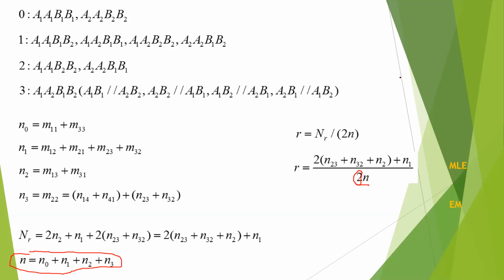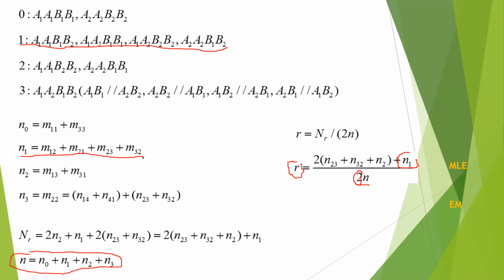Now if we want to calculate the R, we need to construct a ratio like this. The numerator represents, out of these 2N gametes, how many gametes have a crossing over on them. So N1 means the number of individuals carrying only one non-parental gamete.